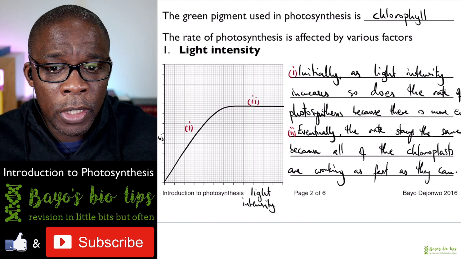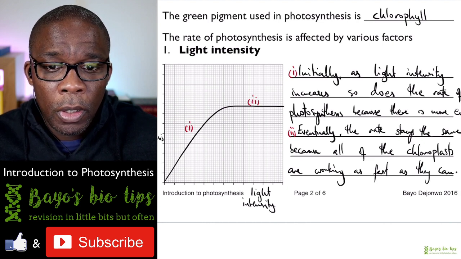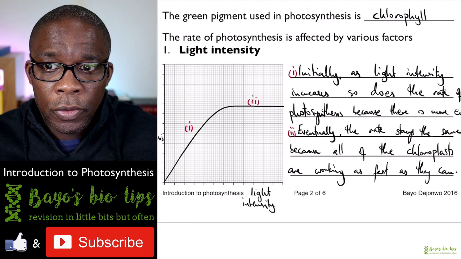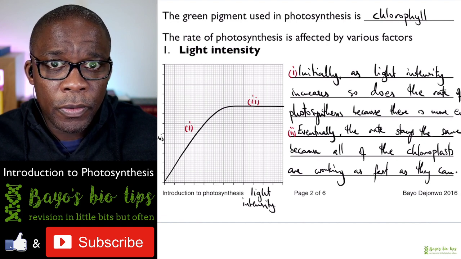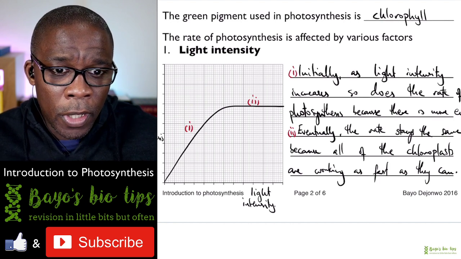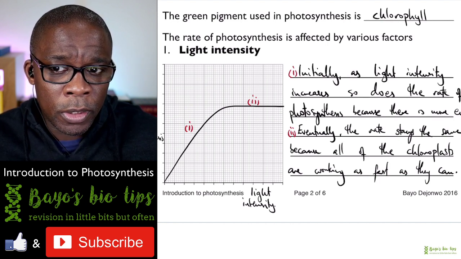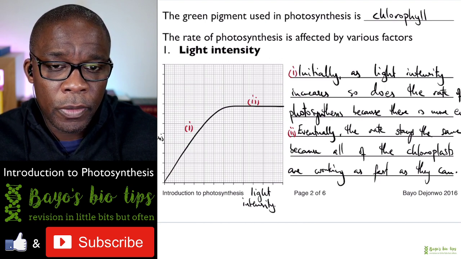As you can see, there are two sections to this graph. In the first section, as you increase the light intensity, so does the rate of photosynthesis increase. And you can see that that goes on only to a certain point. And then we can go on to the second section of the graph.